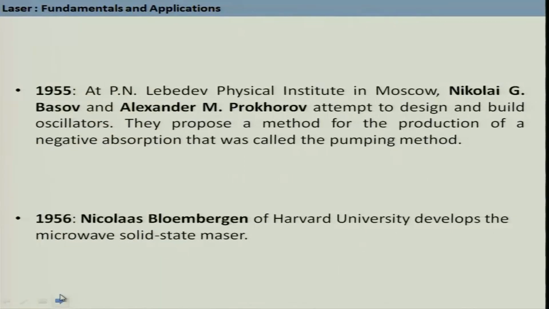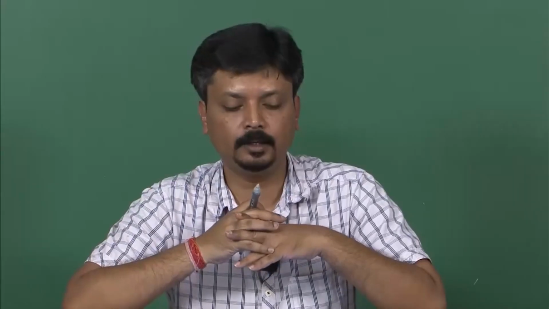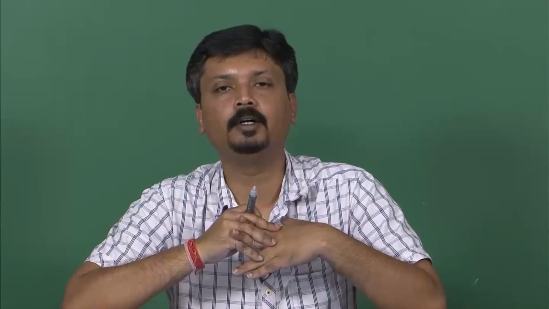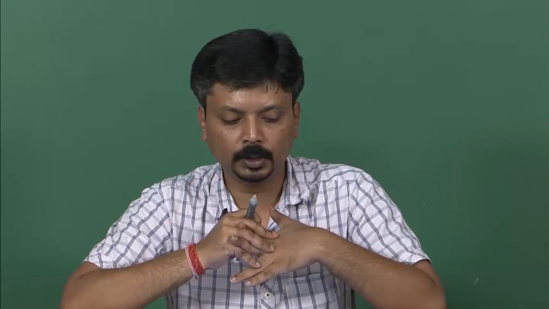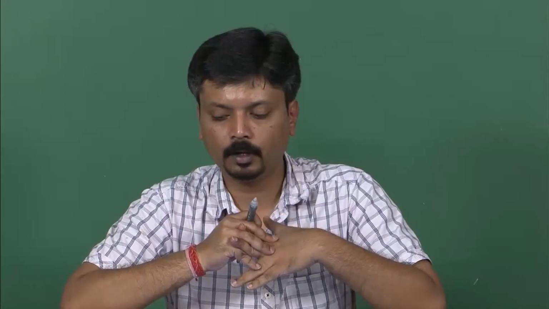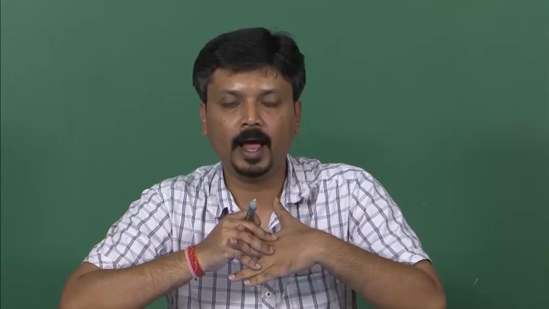When Townes was working at Columbia University, at the same time there were a couple of scientists at Lebedev Institute in Moscow, Nikolai Basov and Alexander Prokhorov. They were also trying to develop laser.